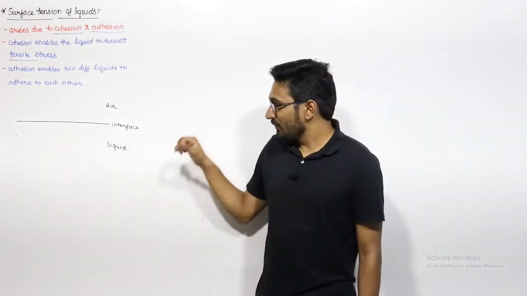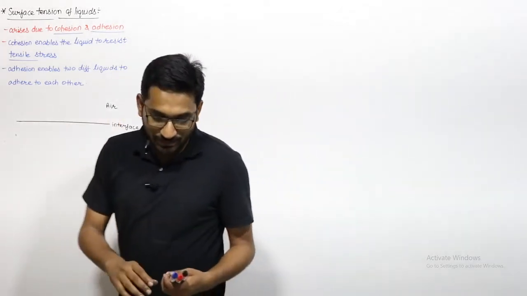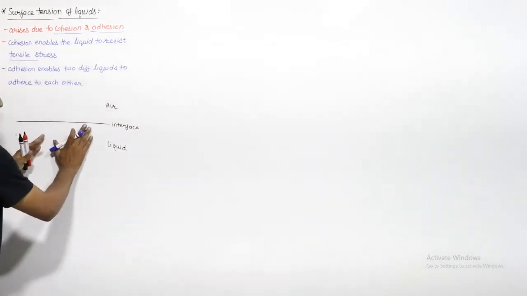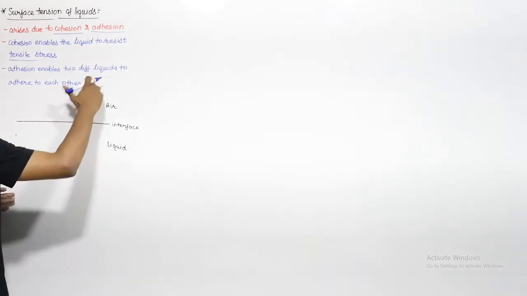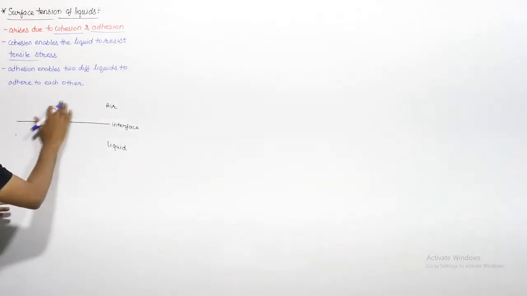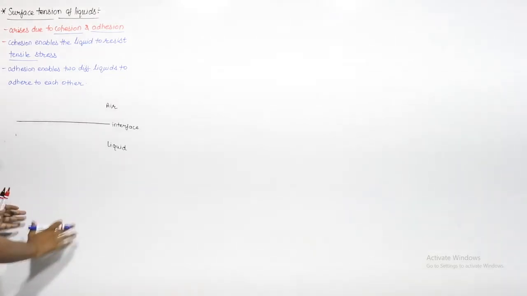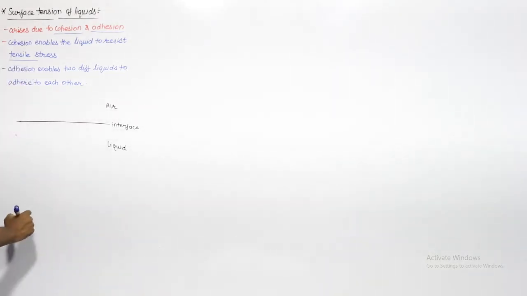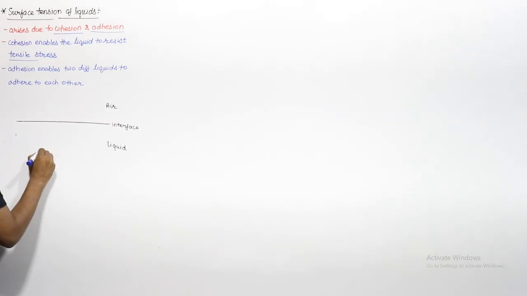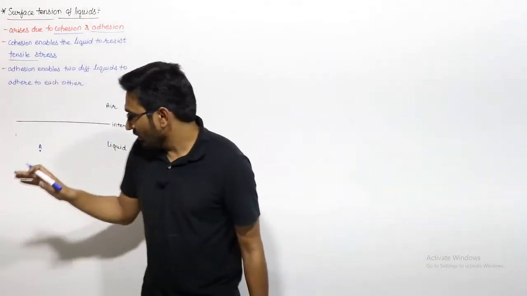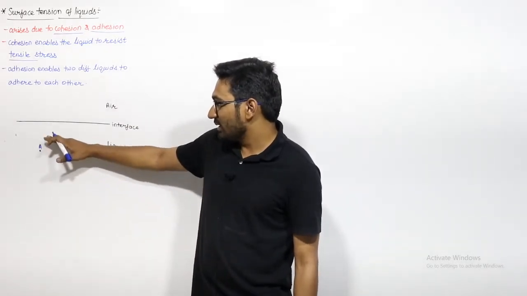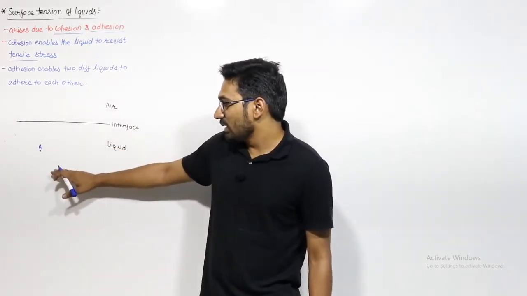Now let us discuss. Suppose this is the interface, right? Below this we have a liquid, let us say water, and above this interface we have air. Here we have air and here we have liquid. Now let us take one molecule, one liquid particle, let us say A. This liquid particle is sufficiently below in the liquid.